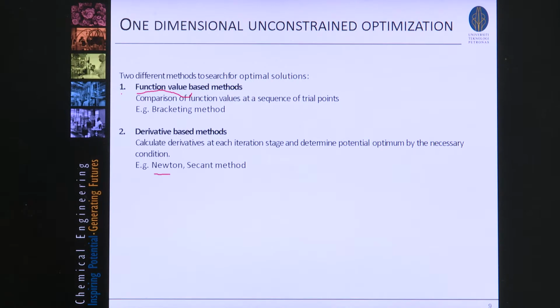So approach number one doesn't need derivatives of the function. It's a bit like trial and error: we compare whether one value is higher or lower than the other, and then decide our next step. The second approach is the derivative-based approach, where we have to differentiate the function.